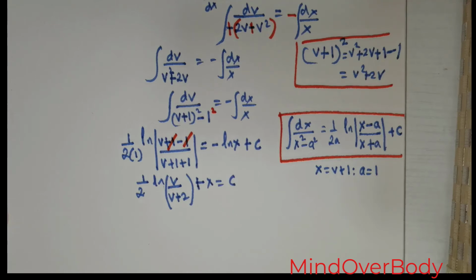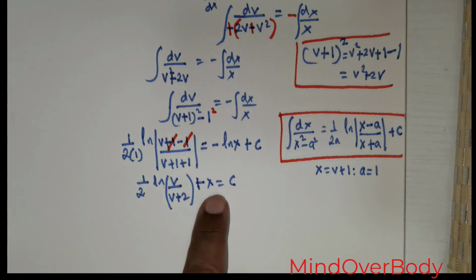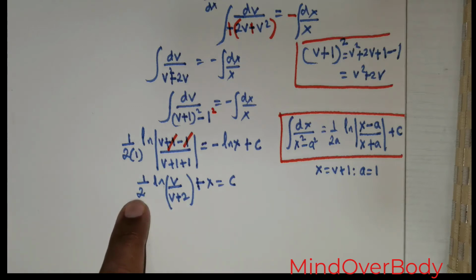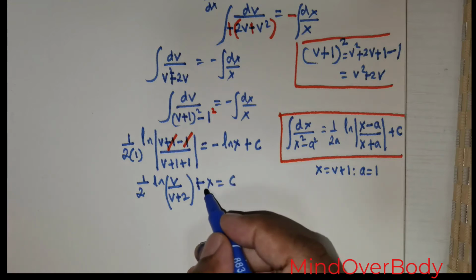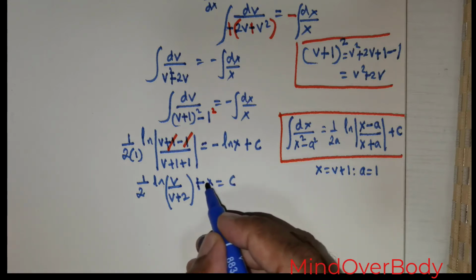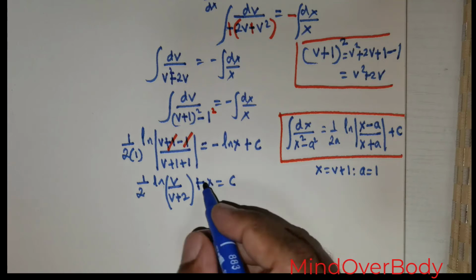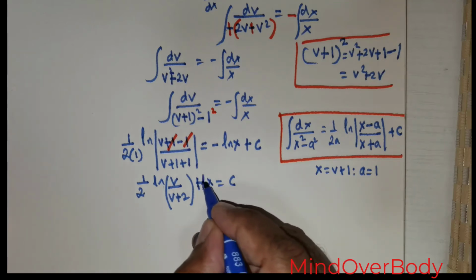Now what I wish to do is, now I've got a 2 here, right? So I will have to get rid of this 2. So just taking that into account, this is actually ln x, this cannot be x, because when negative ln x comes to this side, this has to be ln x.